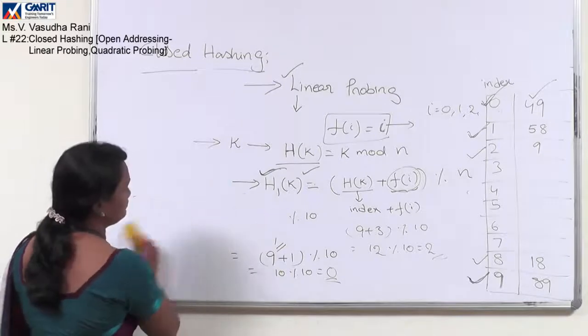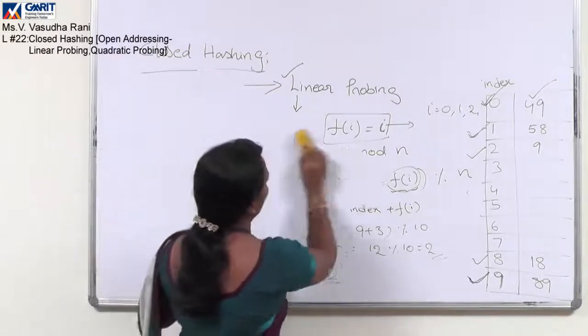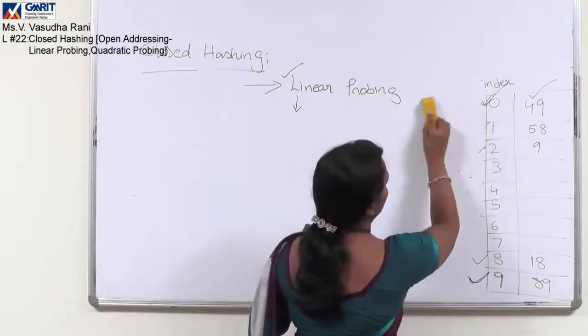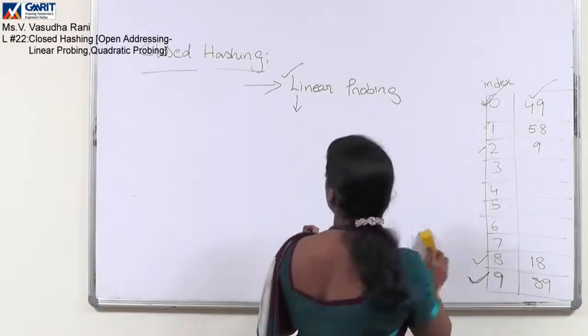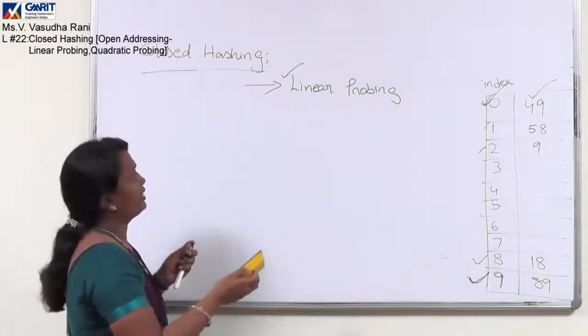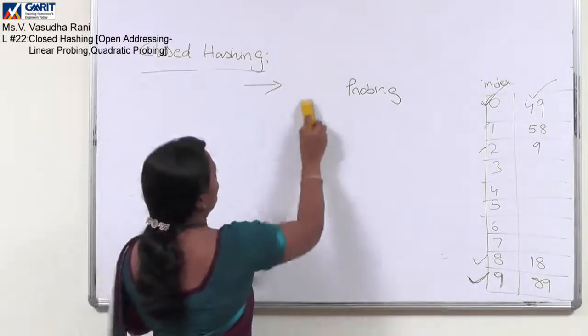Going for the next method, what we have is quadratic probing.